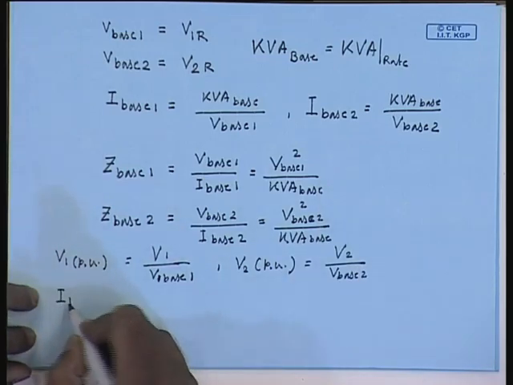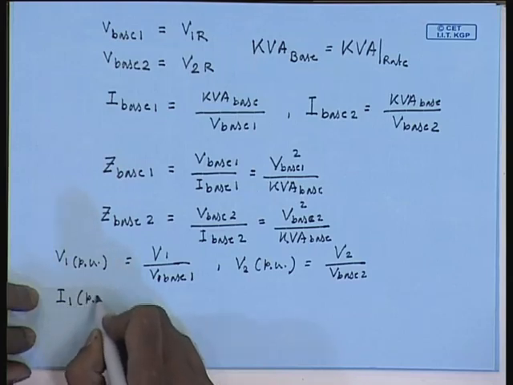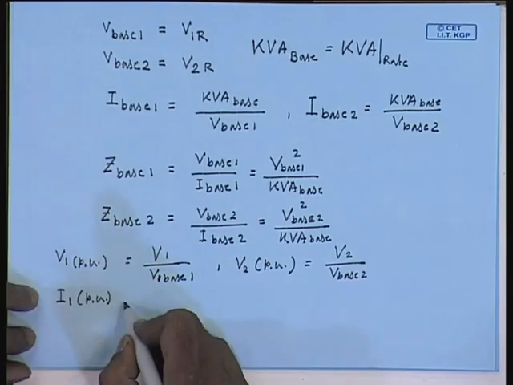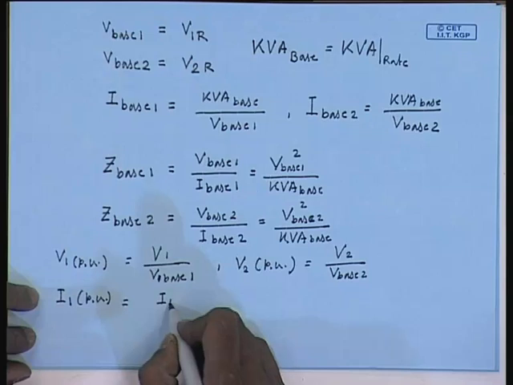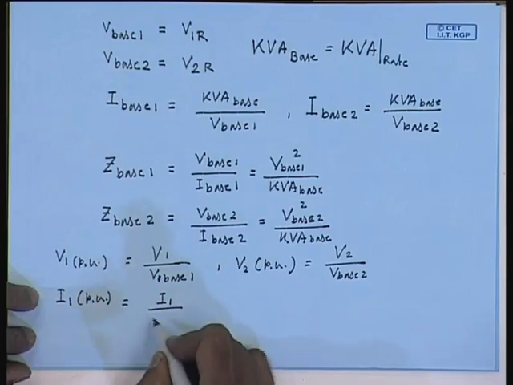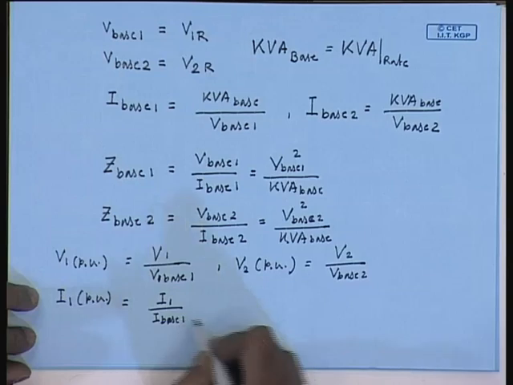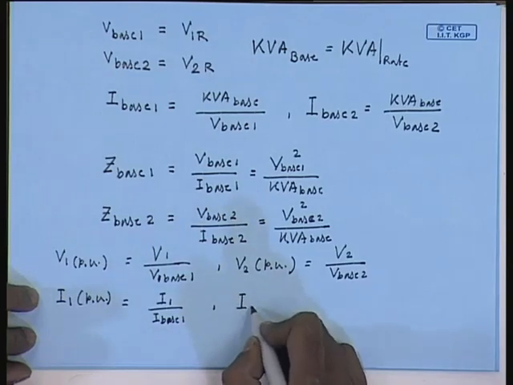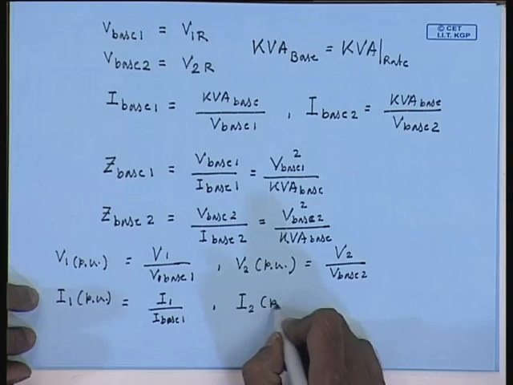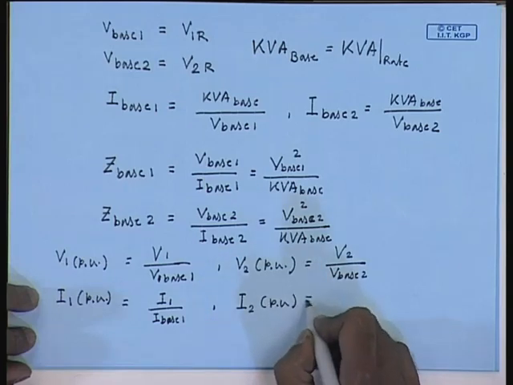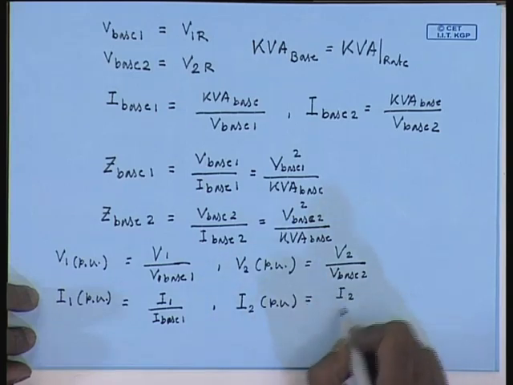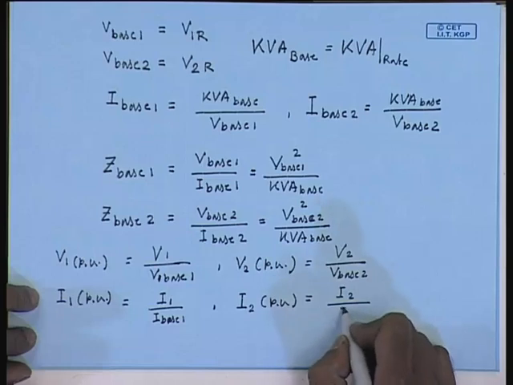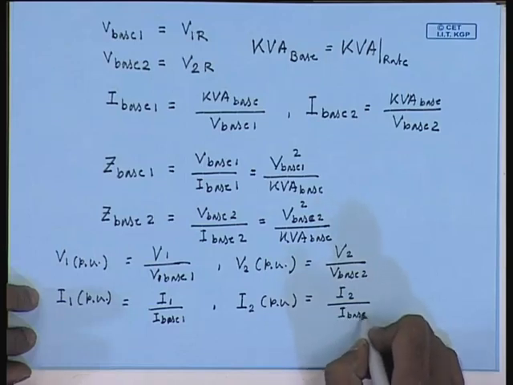I1 in per unit will be equal to the actual value of I1 divided by I base 1. Similarly, I2 in per unit will be equal to I2 divided by I base 2.